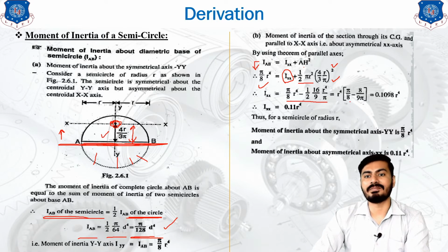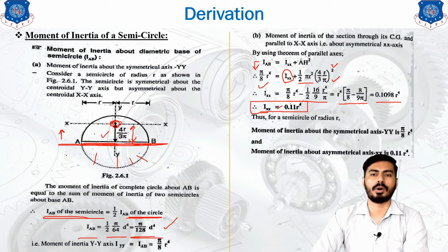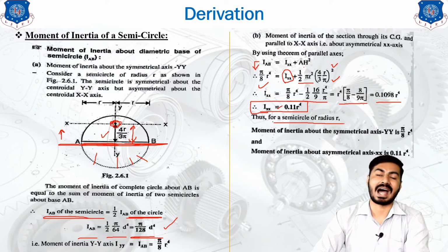If you simplify that equation, the answer will be 0.10 r raised to 4, which is somewhat similar to 0.11 r raised to 4. So this is the formula for the moment of inertia about the axis passing through the centroid, IXX. IXX is nothing but 0.11 r raised to 4 for a semicircle of radius r.